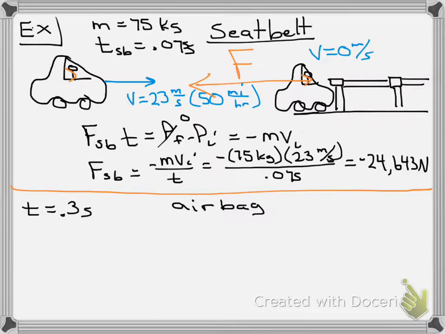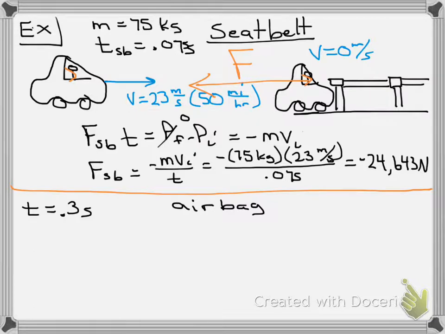But now let's look at what happens if we have an airbag in our car. Airbags are designed to inflate very quickly and then allow the occupant to fall onto the airbag as it deflates. And what this does is it increases the amount of time it takes the person to come to rest.